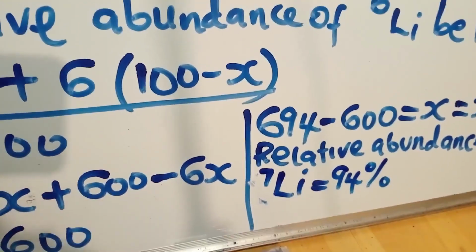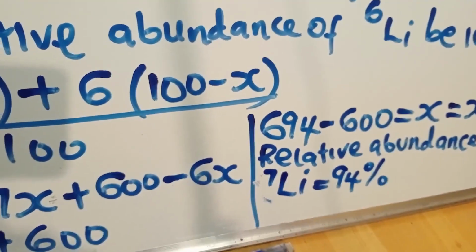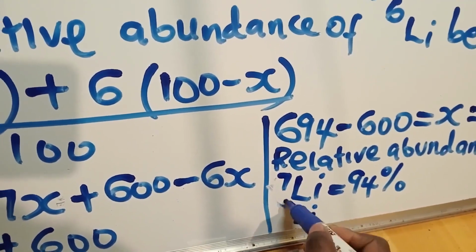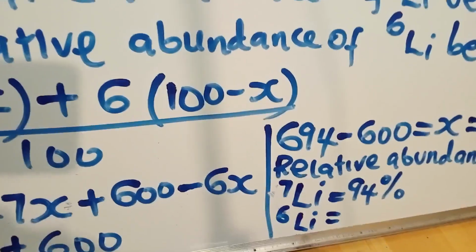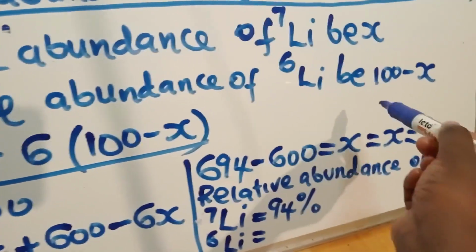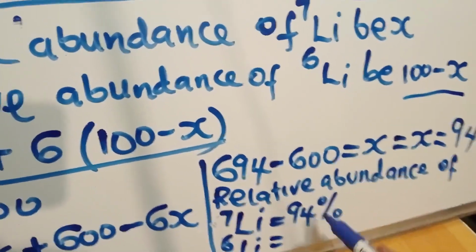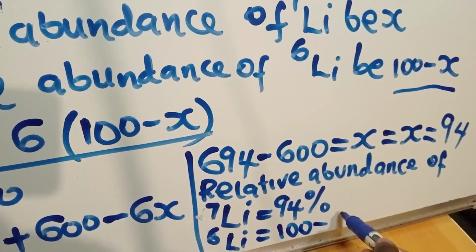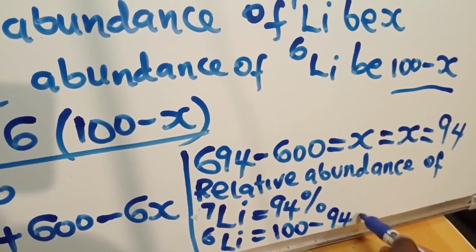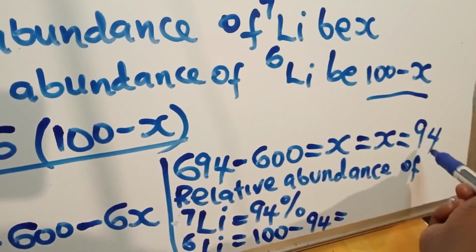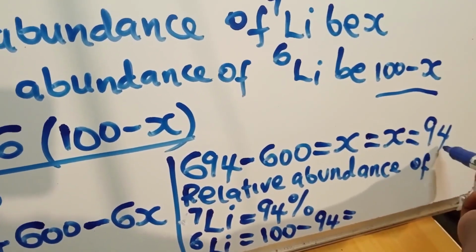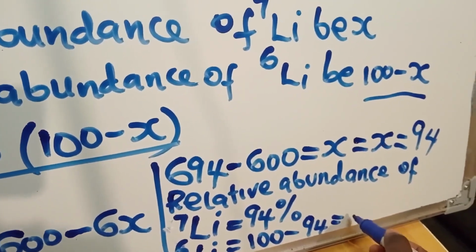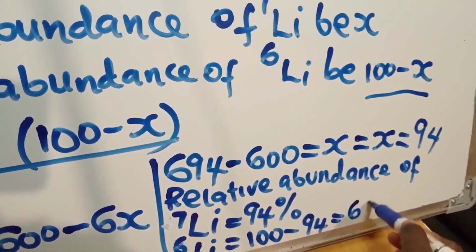Remember, it is in the percentage form. What about lithium 6? Lithium 6, we said that the relative abundance should be 100 minus X. So it will be 100 minus X, which is 94, because X was 94, so minus 94, and then we get 6%.